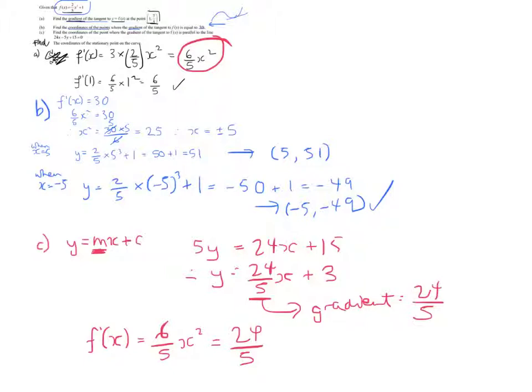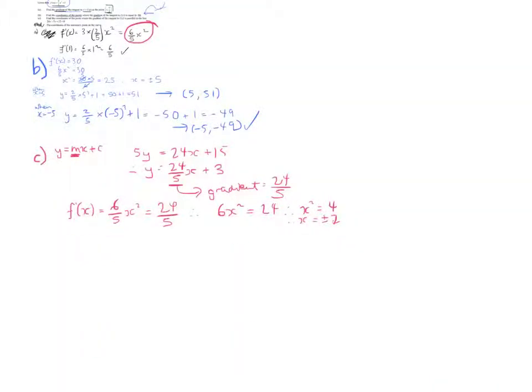So now I can multiply both sides by 5, then we get 6x squared equals 24. Therefore, x squared equals 4, therefore x equals plus or minus 2.